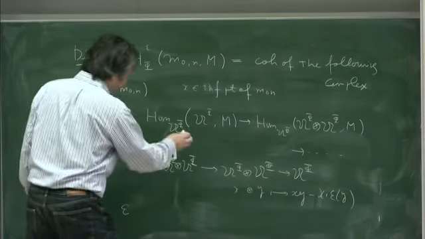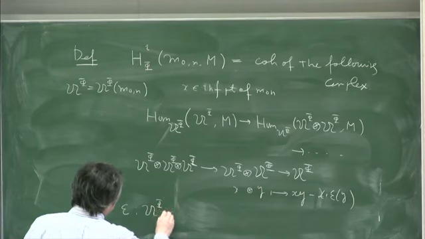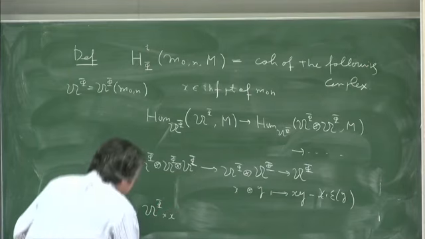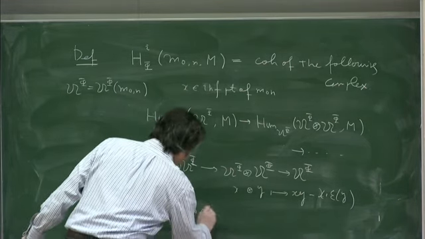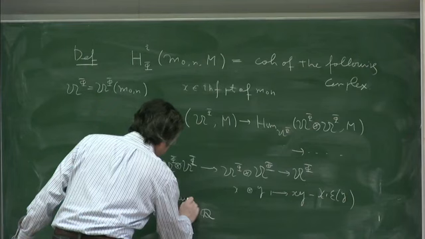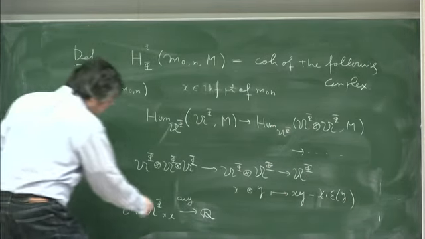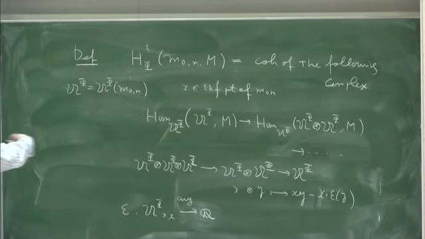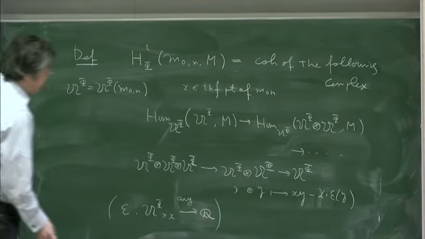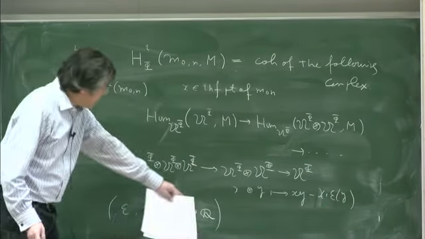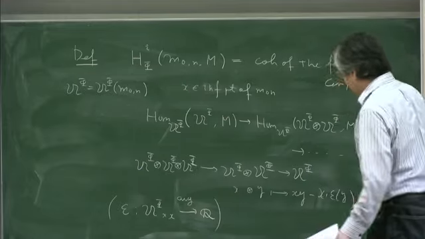Then epsilon is from U phi to Q. This is the augmentation, dual to the embedding of the identity element. The augmentation map is denoted by epsilon.